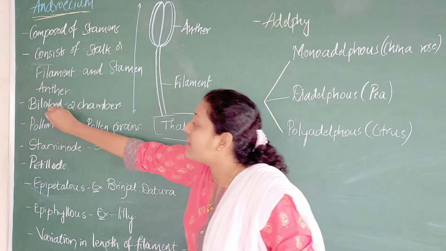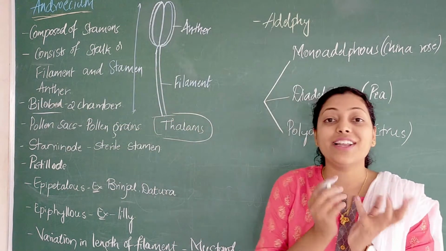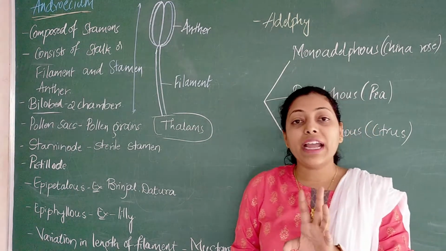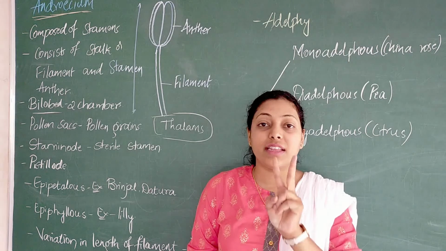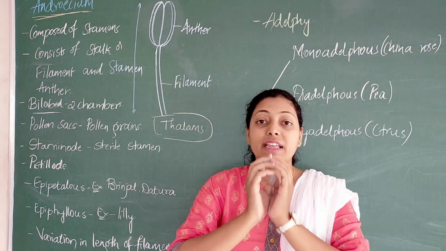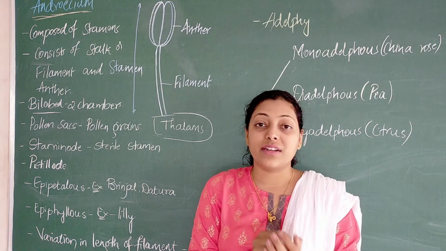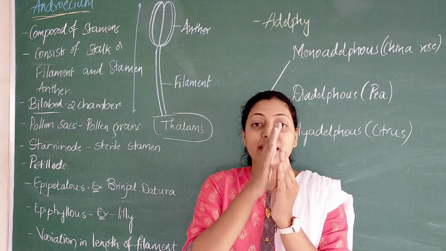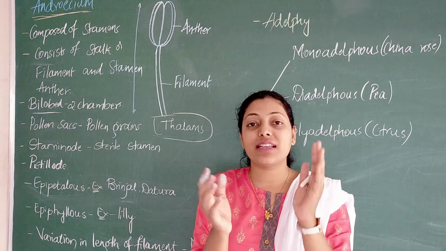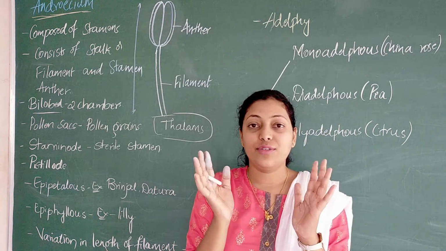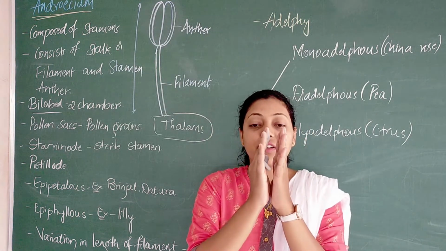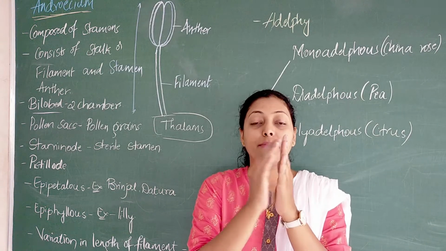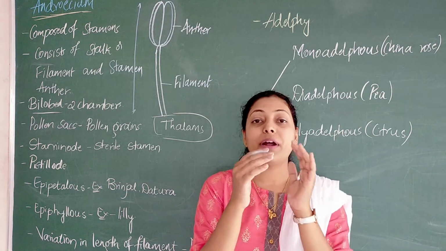Okay, and these anthers are usually bilobed structures. Bi, we all know, is 2. Mono 1, bi 2. Lobed means different lobules are present. These are attached together. This is one lobe, this is the other, but these are free. In the middle it is joined, but the outer end part is free.